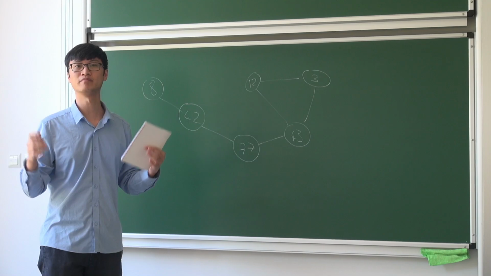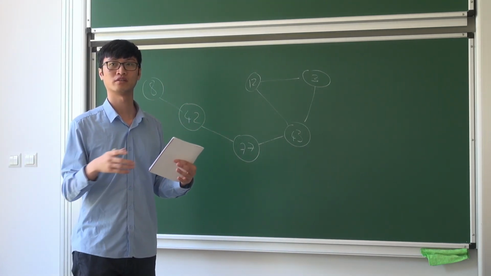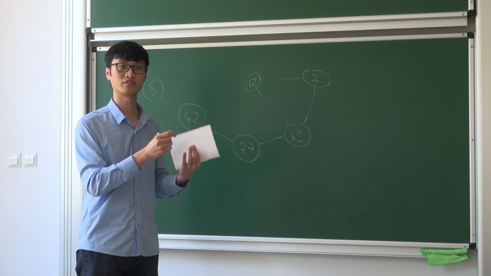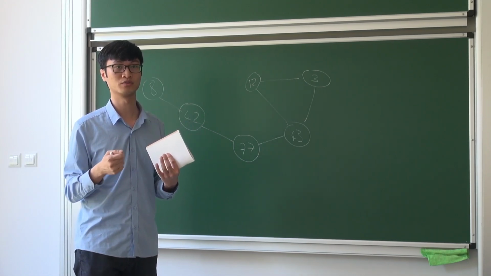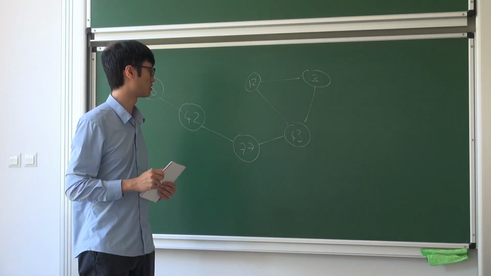So greedy coloring here means that I always choose the smallest color available. In the centralized model, this is pretty easy, right? You just look at your neighbors and you take the smallest color available to you and get a proper coloring, right?